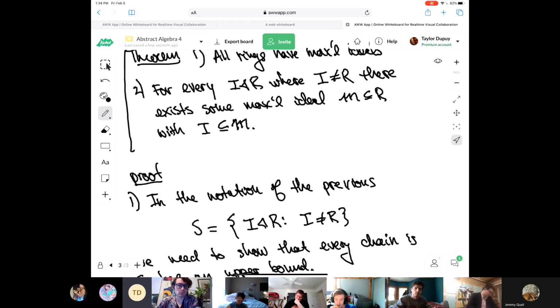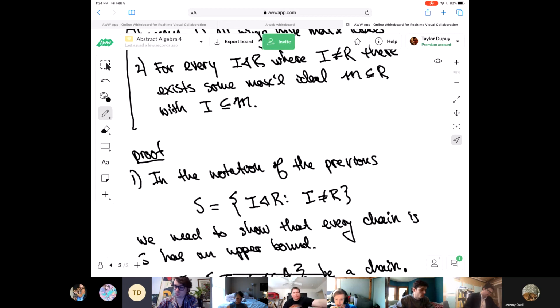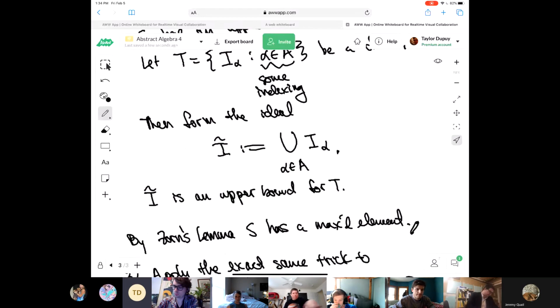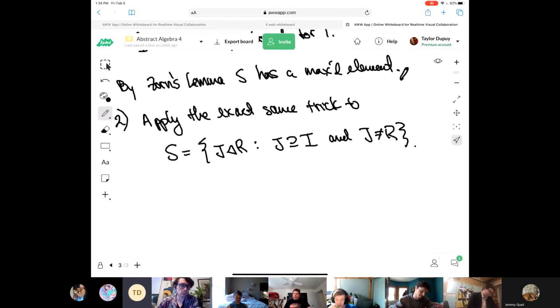We're showing that for every ideal that is not the whole thing, there's some maximal ideal containing it. It could be itself, it could be a maximal ideal itself. You just do the exact same thing. All right, so now we have that maximal ideals exist.